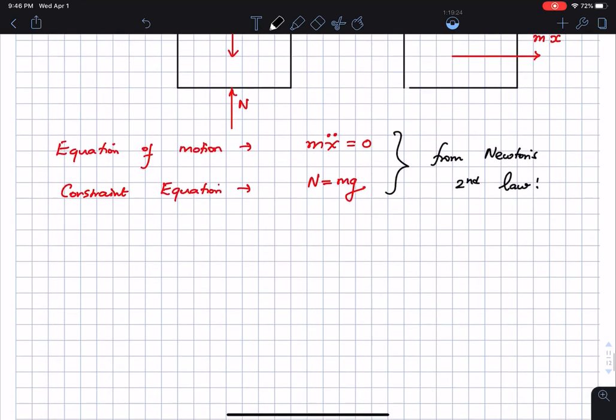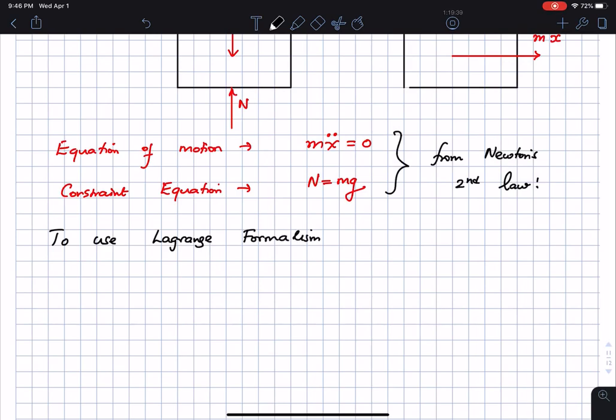Now, how do we do the same thing using the Lagrangian? How do I get the normal force to be equal to mg? Here is how I do it. Now, to use the Lagrange formalism, we do a couple of different things. I'm going to do this a little quickly, but then we will come back in the next lecture and solve a problem much more elaborately.